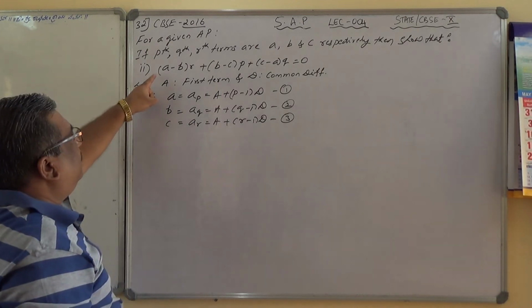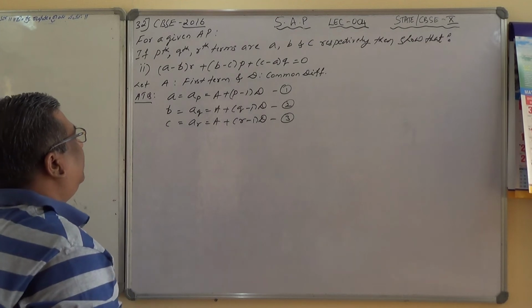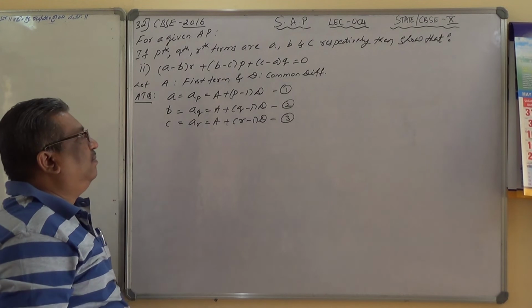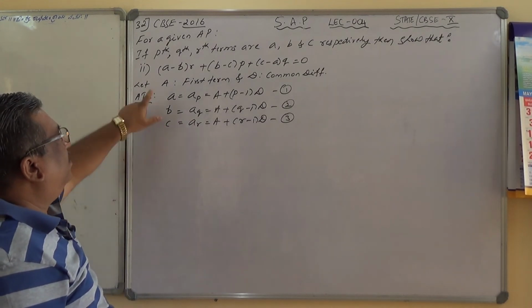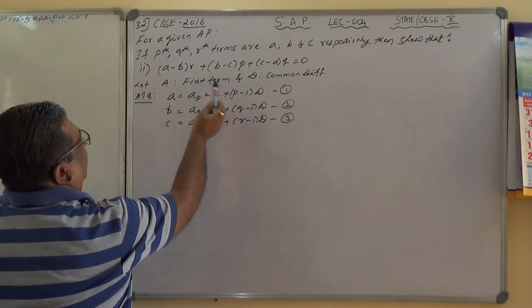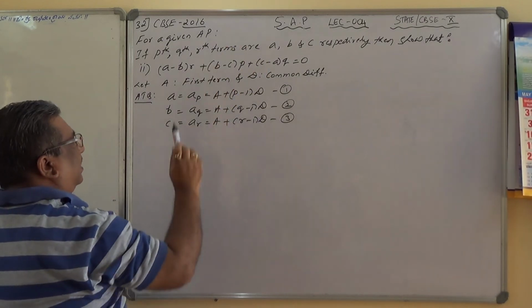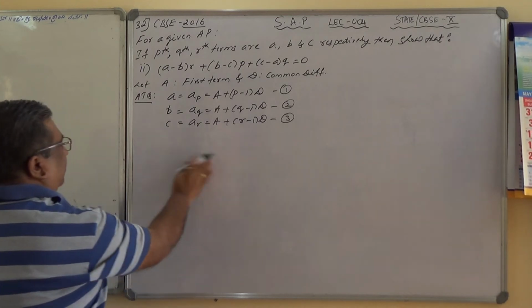Now I have to convert this LHS and take out the common A, common B and common C if possible, so that substitution becomes easier. Or I can take the LHS, expand it first, and then substitute the values and see whether we can get it or not. I'll do that way. Let's see what I can do.